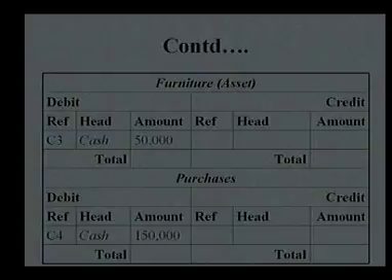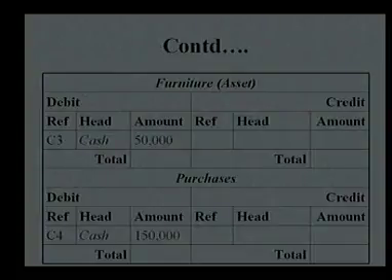Now, we move on to next, furniture. Again, the company has bought furniture for rupees 50,000. So, this has increased the furniture asset. So, increase in asset, it has to be recorded in debit side. Accordingly, it has been written. Now, purchases.